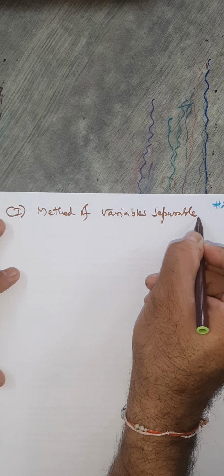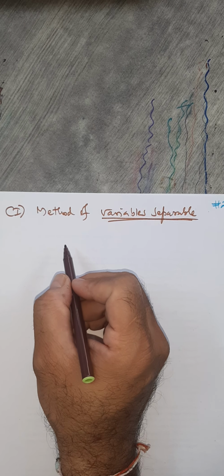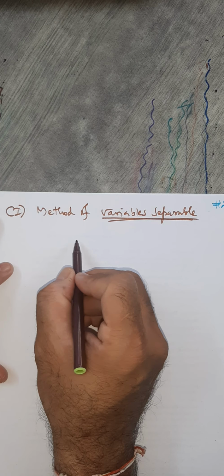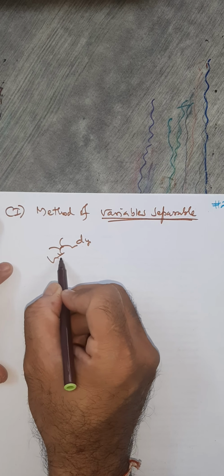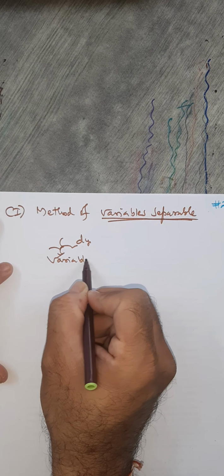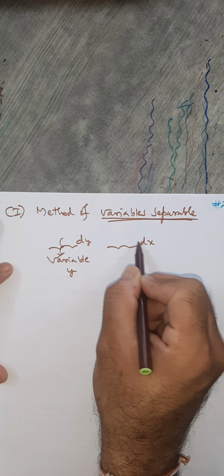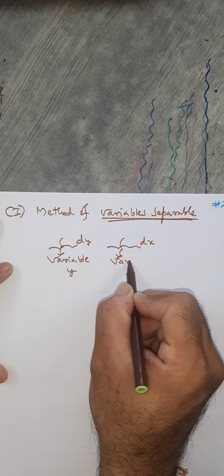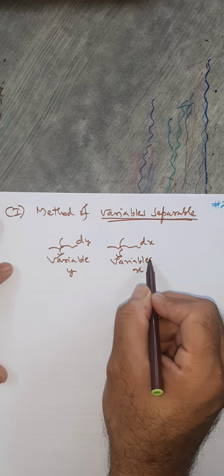What we do in this method is we separate the variables. How will we separate the variables? With dy you collect all the terms having variable y, and with dx you collect all the terms having variable x, and then you integrate.